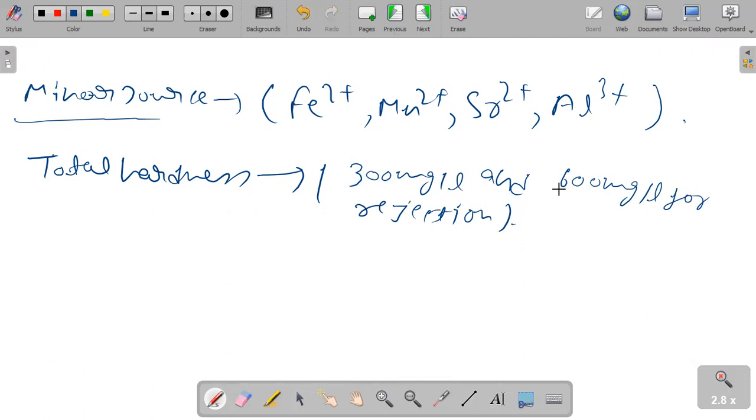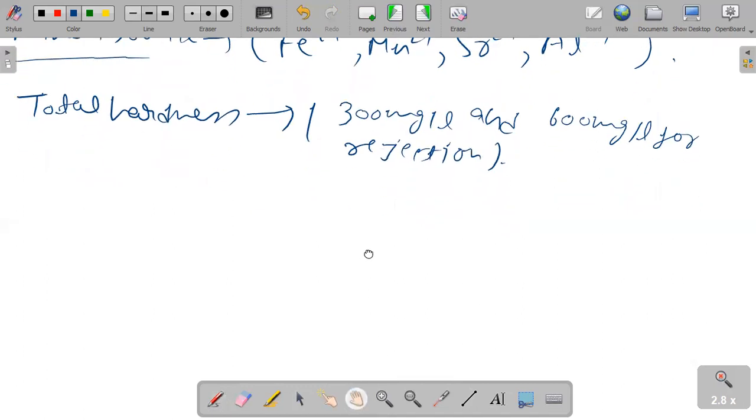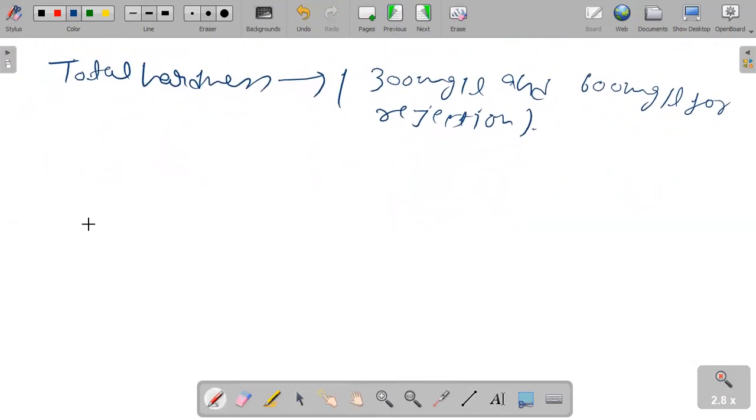For calculating total hardness, we have a formula.